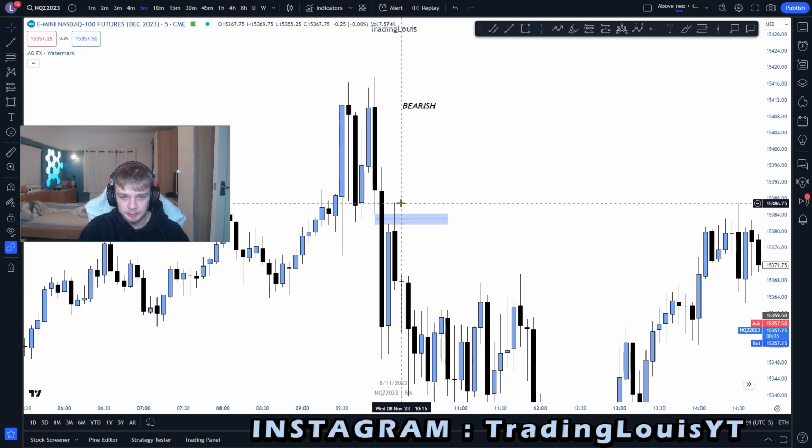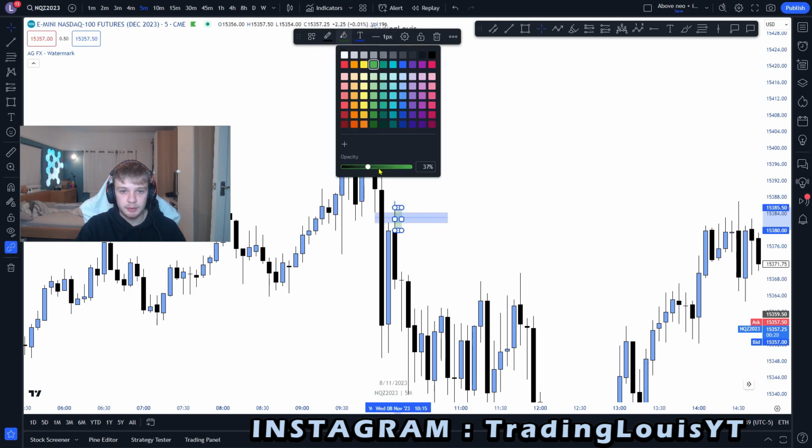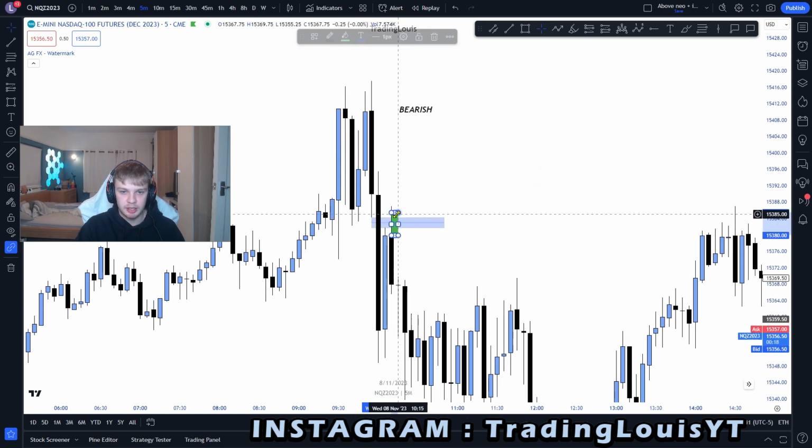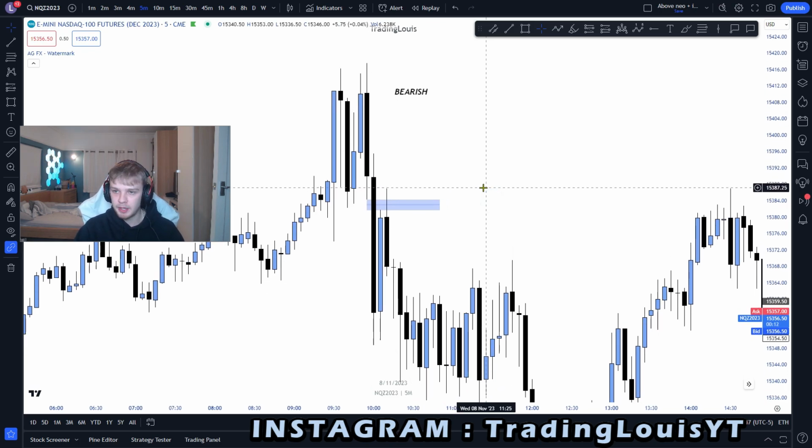See how this candle respects this fair value gap, then carries on going downwards. Let's say this fair value gap was closed above, so instead of this downward candle, this is a bullish candle and it closes above like that, then that would give me a lot less conviction that we were still bearish. Then I would most likely want price to go to the upside. But don't worry too much about that now. I will go into more detail in future videos.